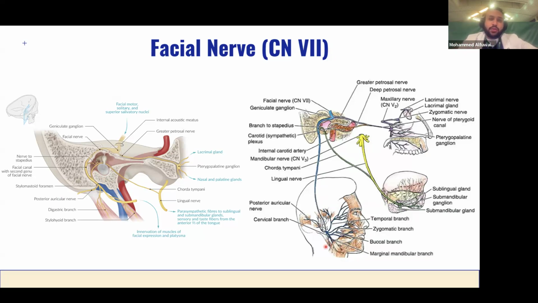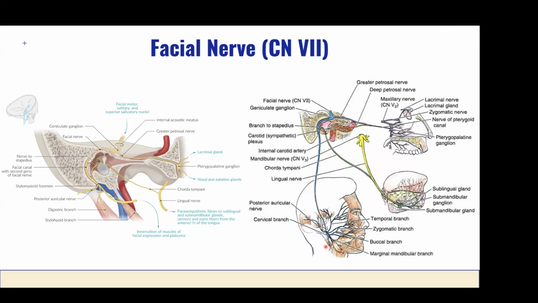Why is this important? You need to identify the level of the lesion in the facial nerve. You need to know exactly where the lesion is. So if someone had a parotid gland tumor and we removed the parotid gland and forgot the facial nerve was inside there, will the patient be able to move the muscles of the same side of the face?